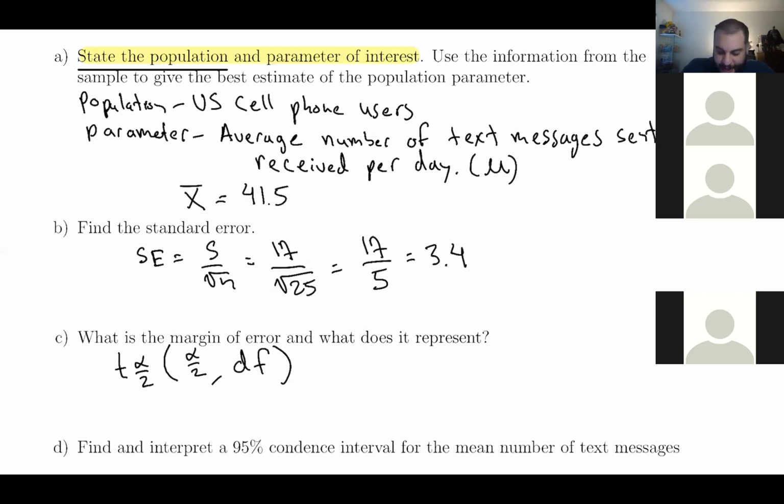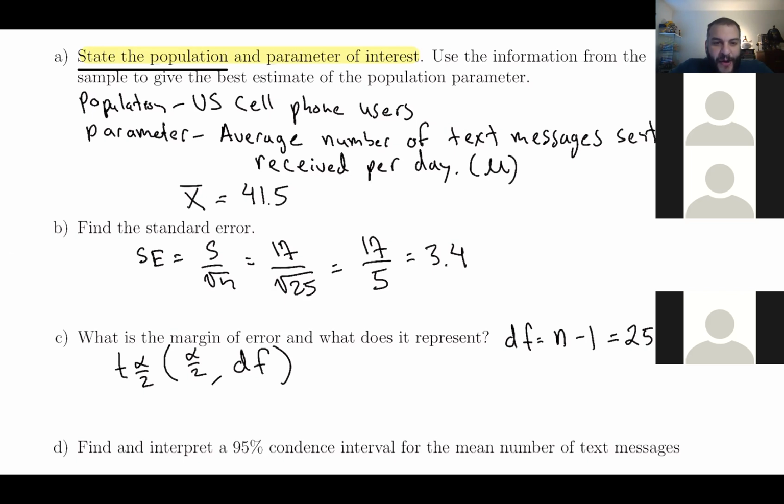So let's do the easy one. Let's do degree of freedom. So degree of freedom, in case you forgot, is n minus 1. So n is 25 minus 1, you get 24. So that's your degree of freedom. So degree of freedom is equal to 24.